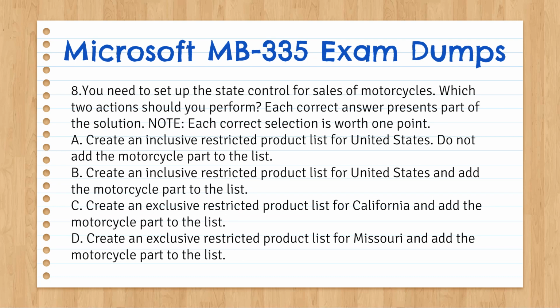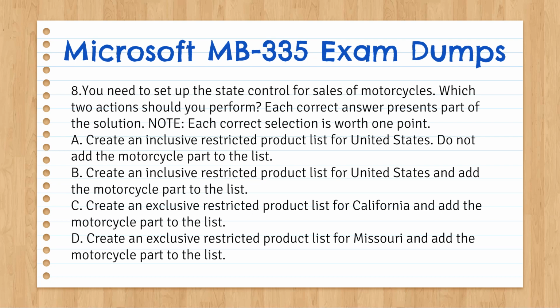8. You need to set up the state control for sales of motorcycles. Which two actions should you perform? Each correct answer presents part of the solution. Note: each correct selection is worth 1 point. A. Create an inclusive restricted product list for United States. Do not add the motorcycle part to the list.